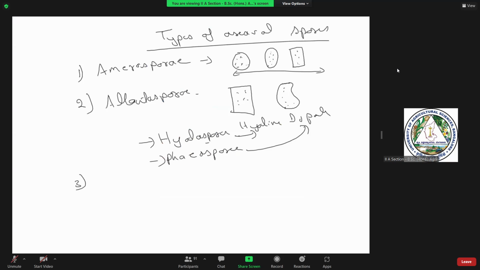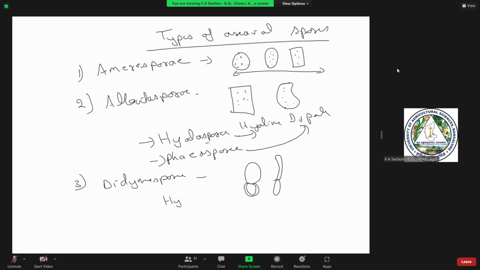And the third type is the didymospore, where didymo refers to septation, or two cells, which are ovoid in shape, slightly curved, elongated, but with a septation; one septum is commonly seen.